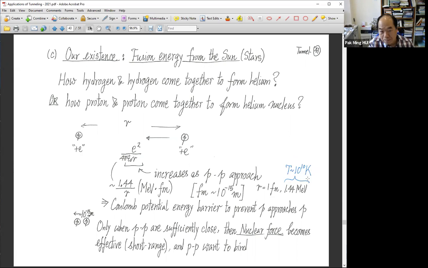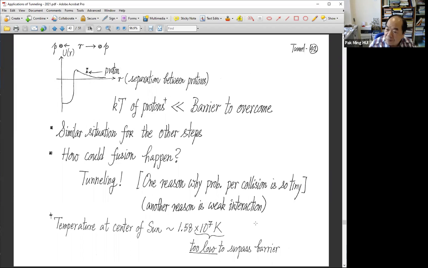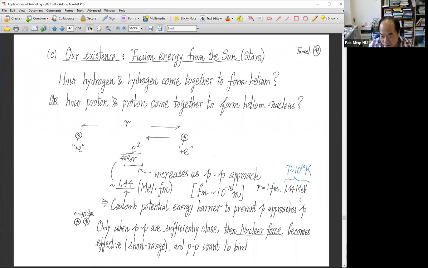But there is a problem. We know the sun is not that hot. On the surface, the sun is something like 5,000, 6,000 K. Even at the center, it is still a few orders of magnitude lower than what we want it to be.